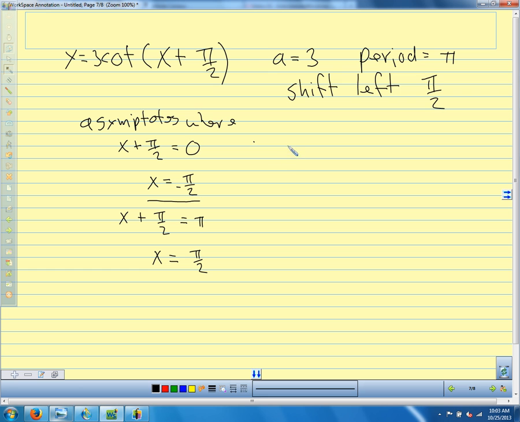All right, now we're ready to sketch our graph. So I'm going to put an asymptote here at negative pi over 2, and up here at positive pi over 2.